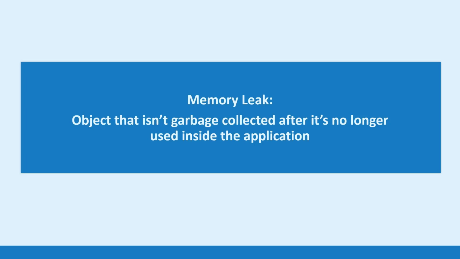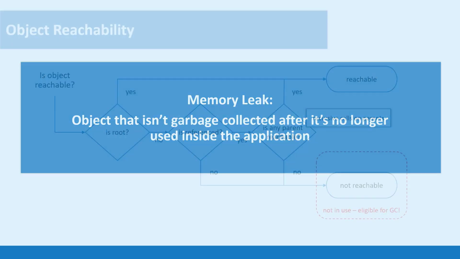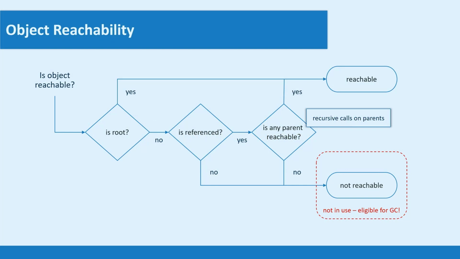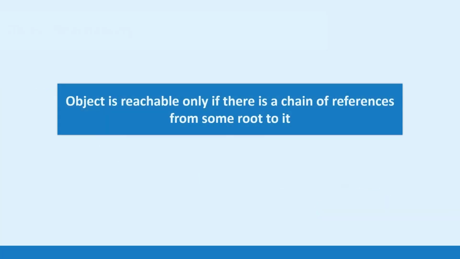And to understand why memory leaks occur, let's get back to object reachability once again. So we have already discussed the algorithm that garbage collector invokes to determine whether some object is reachable or not. And as you might remember, this algorithm is recursive. If you try to imagine this algorithm in real action, then you will understand that any object in your application can be reachable only if there is a chain of references from some root to that object.